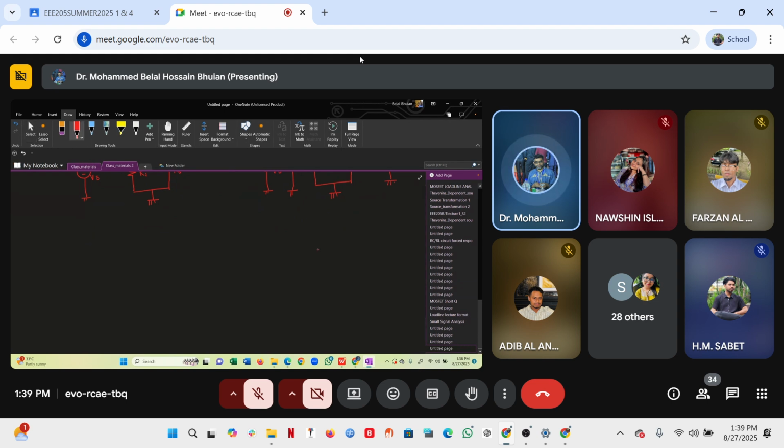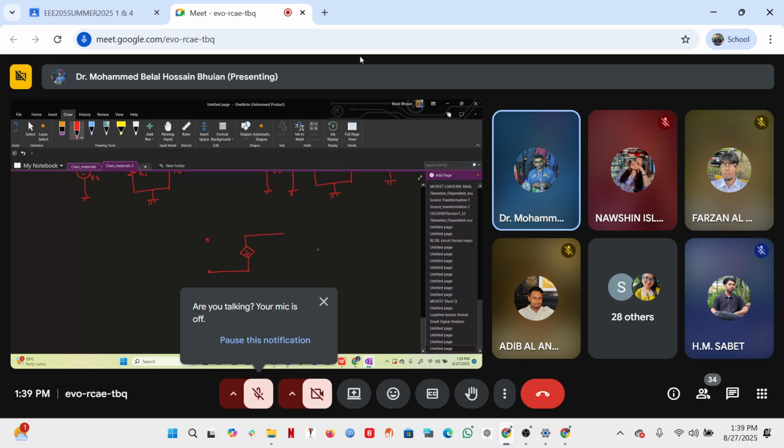First of all, let's draw the model. That is the gate, source, and drain.